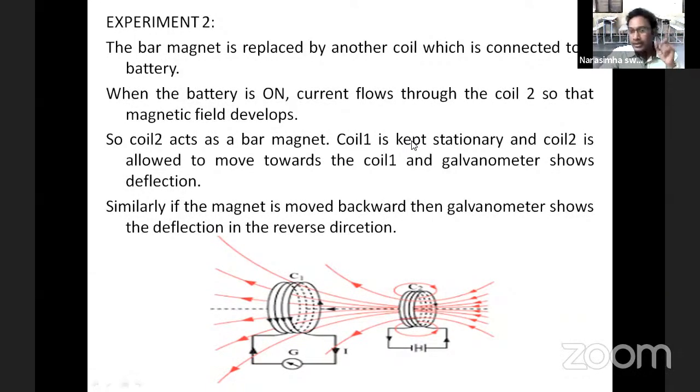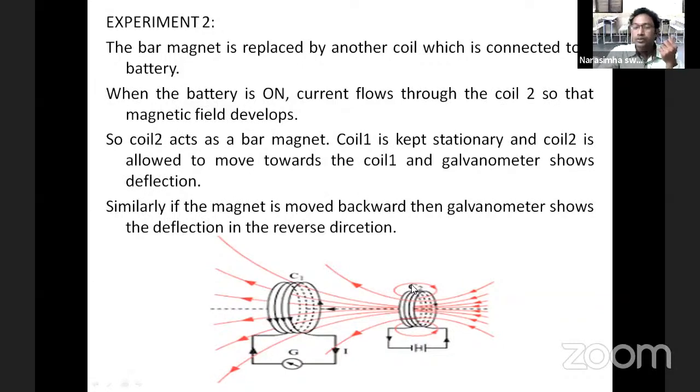Now coil 1 is kept stationary and coil 2 is allowed to move towards coil 1. The same performance as we did in experiment 1 can be done here in experiment 2. Allowed to move towards coil 1, and the galvanometer shows deflection.